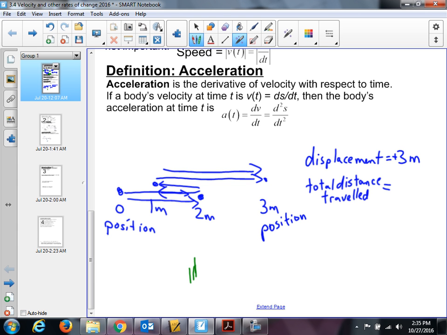Does that make sense? That's what your odometer measures, the wheeler thing on the car. 5 meters traveled, neither positive nor negative. Just so that we understand the words a little better as you come across them.